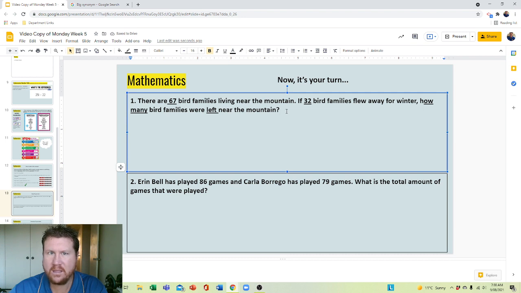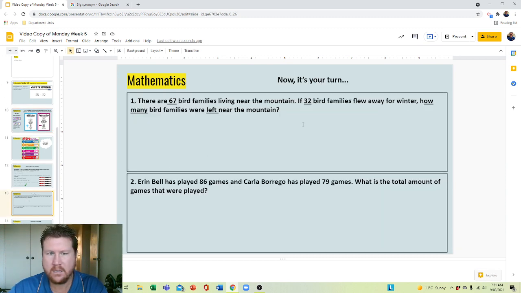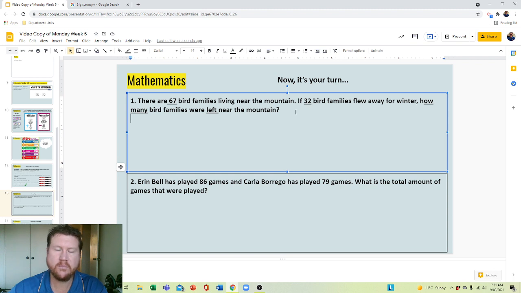How many were left over? That's why it's there. But it's also asking you to solve the problem. Yeah, we want you to subtract to tell us how many are left over. So that's a subtraction question.